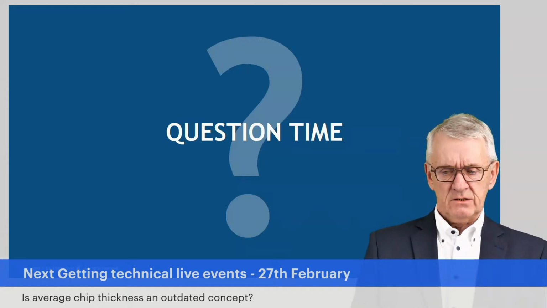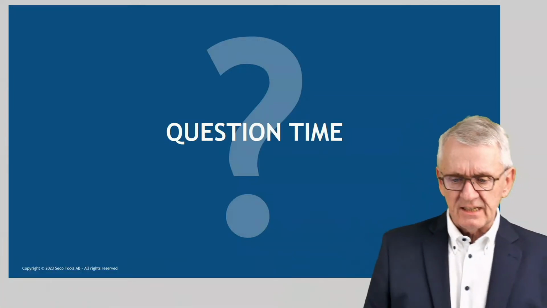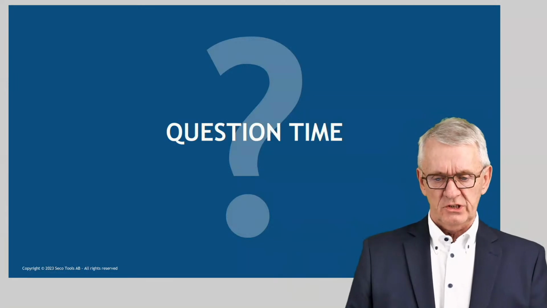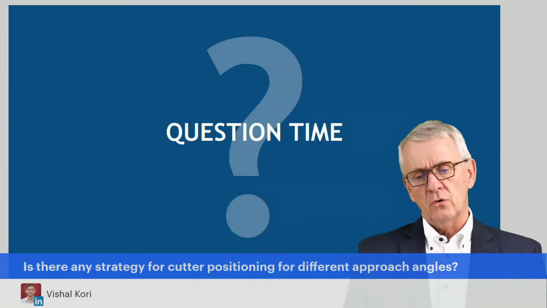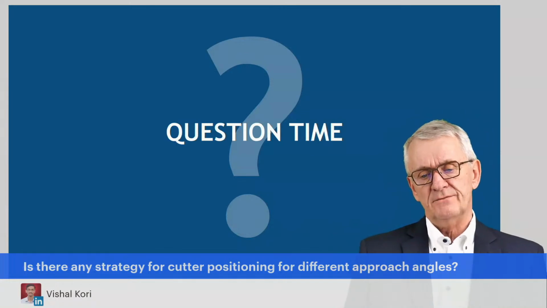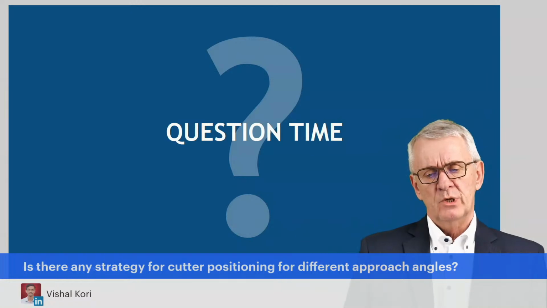Is there a next question? I have to keep my eyes on the time also. A question from Vizal: is there any strategy for cutter positioning for different approach angles? Yes. No. You have different strategies, but let me put it like this.